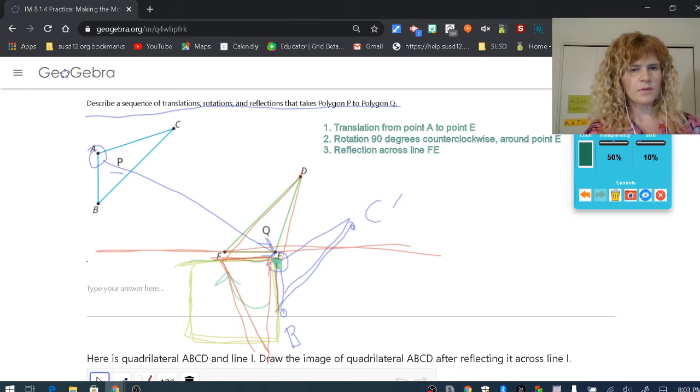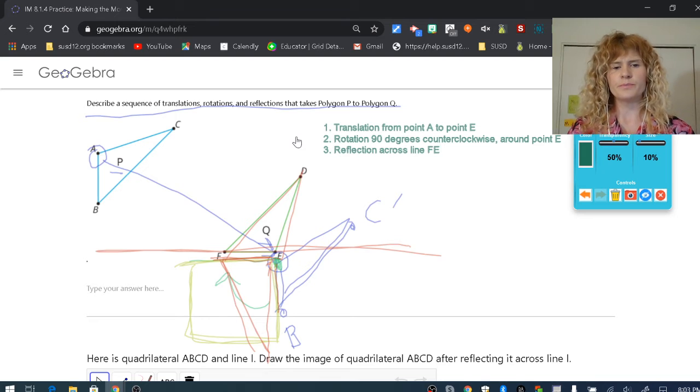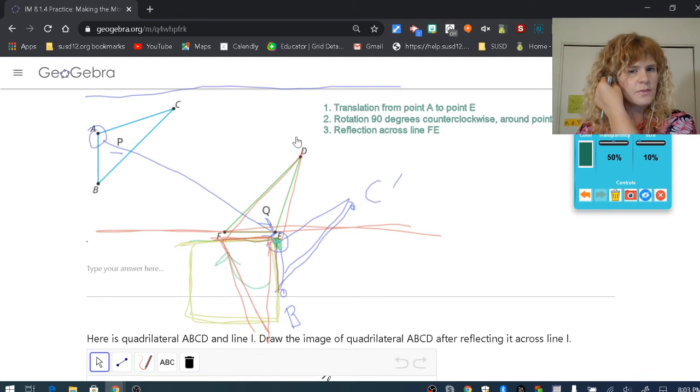What about you? How would you move polygon P to polygon Q? You might do it a different way.